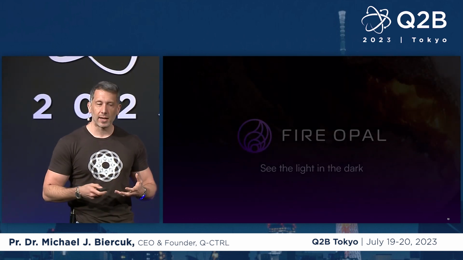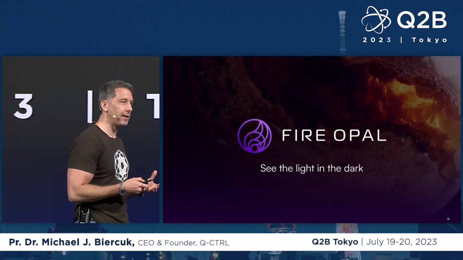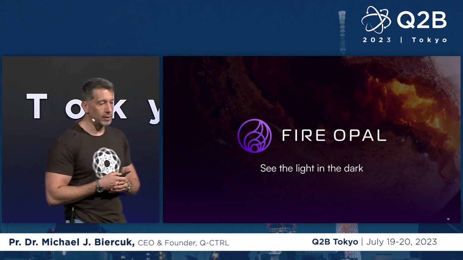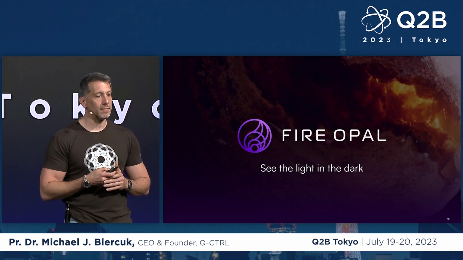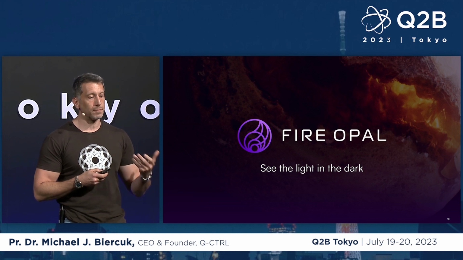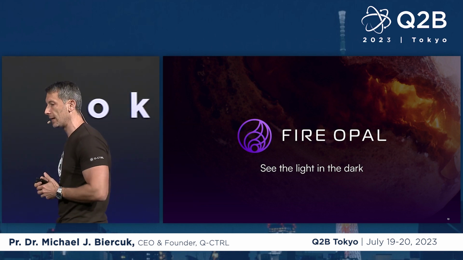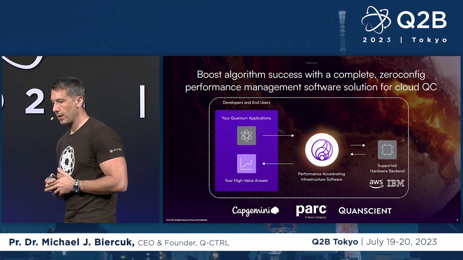All of us, as we try and put quantum computing to use, have been stumbling around in the dark, searching for insights from real quantum computers. And we're very excited that we've been able to change that with a product that we released at Q2B in Silicon Valley last December called Opal, to help you see the light in the dark.